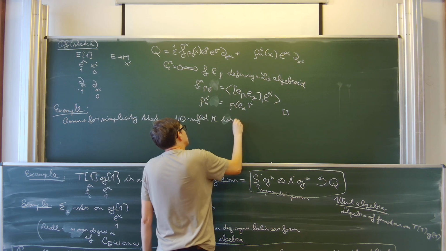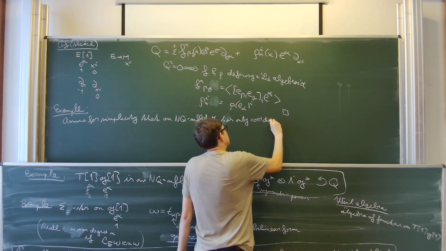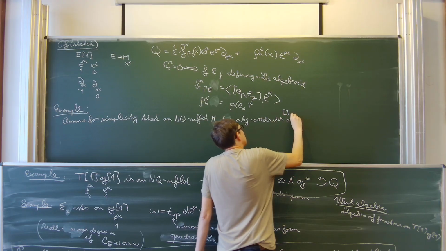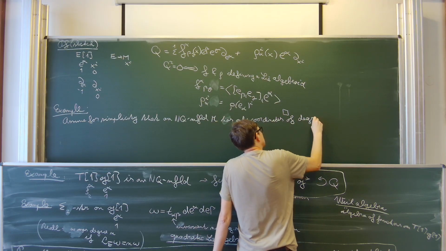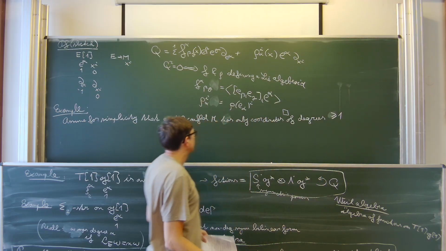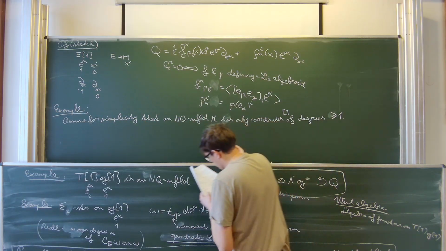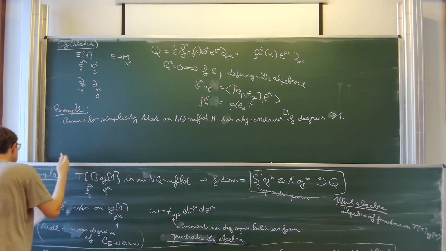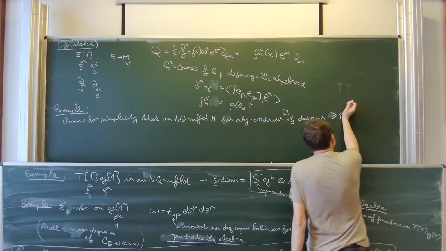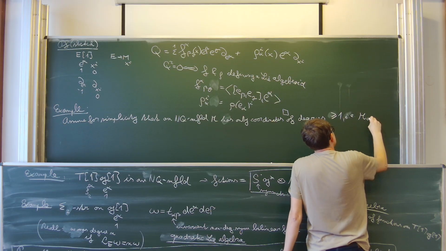It has only coordinates of degrees 1 and higher. I will tell you the more general case in a second, but let's stick to this one for now. So what does this mean? It means that the manifold M0, which we define, is just a point.